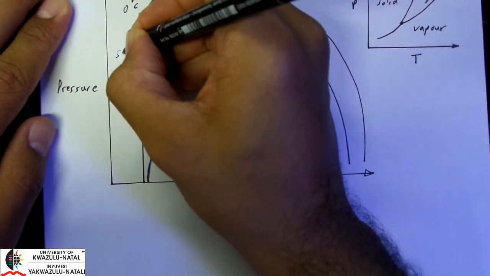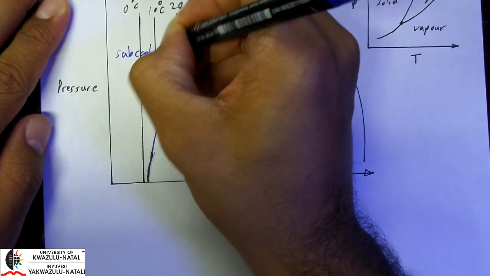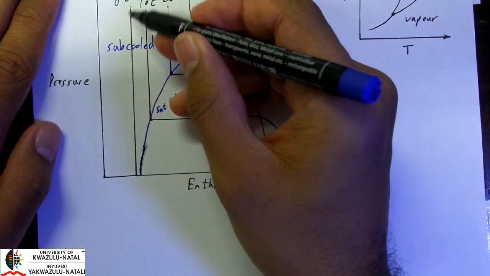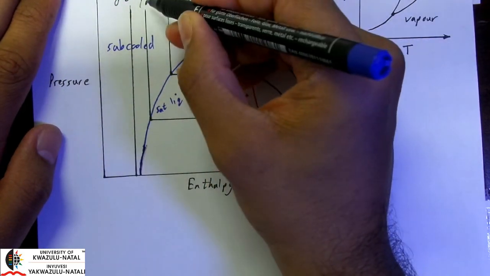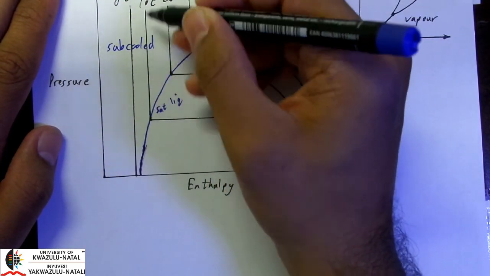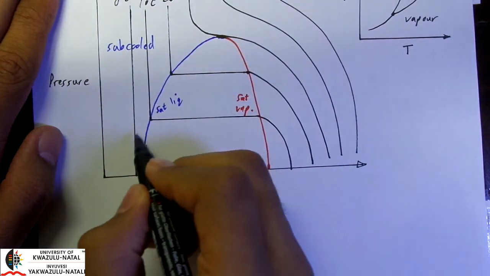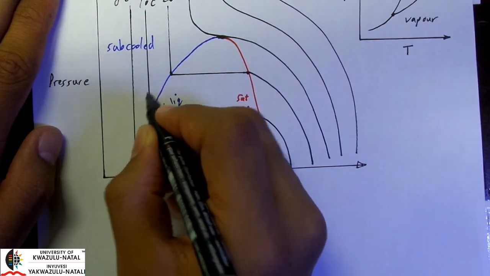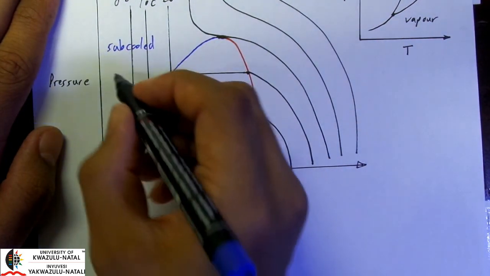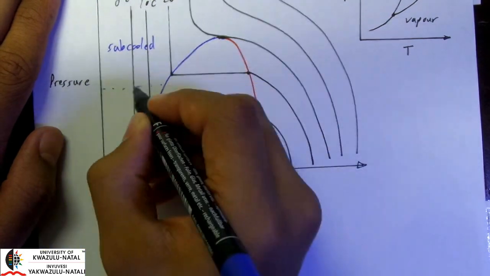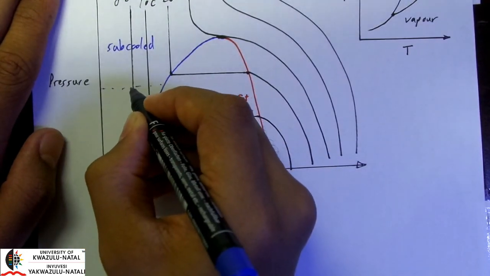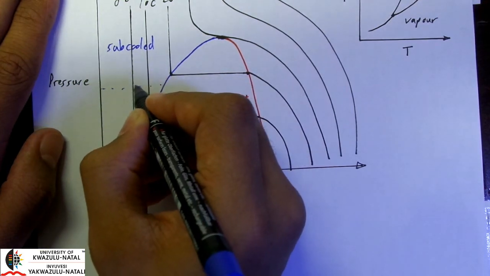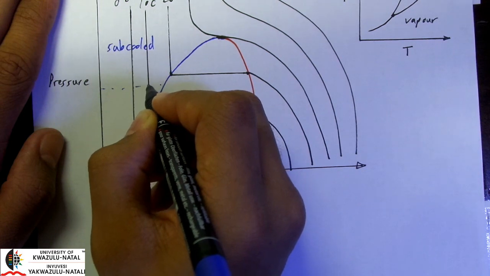Okay, so this is subcooled, and as you can see, for any particular isotherm such as 0 degrees, or let's look at 10 degrees, we note that as our compound gains more enthalpy or more energy, let's say for example if I want to heat from 0 degrees to 10 degrees at this particular pressure, then we require a certain amount of energy, a certain amount of enthalpy to increase from 0 degrees to 10 degrees.